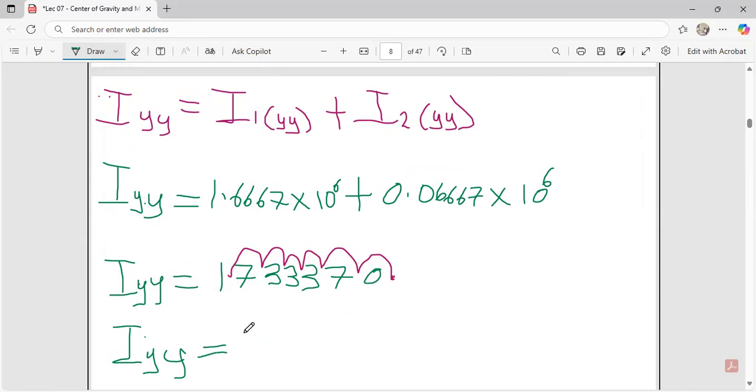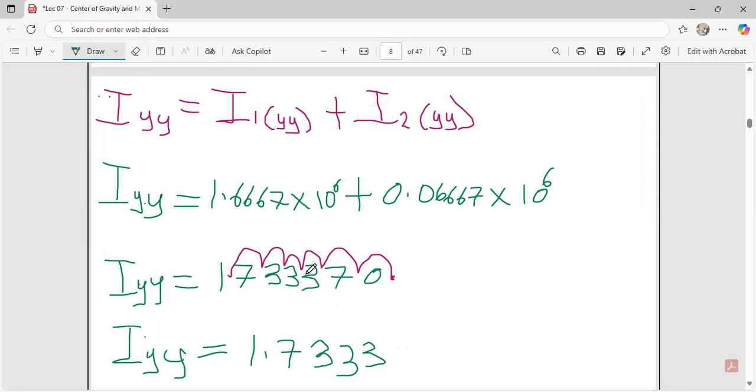That is going to be equal to 1.733. You could leave it in two decimal places, or three decimal places.